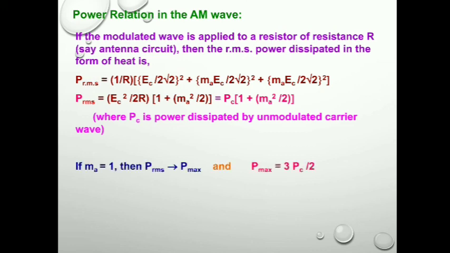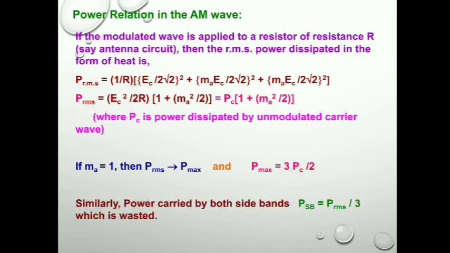If the modulation index m_a is equal to 1, again I am telling you, the P_RMS value will be maximum. The value is 3 times the unmodulated carrier power, divided by 2. Similarly, the power carried by both sidebands, SB, that is sidebands, is equal to P_RMS divided by 3.